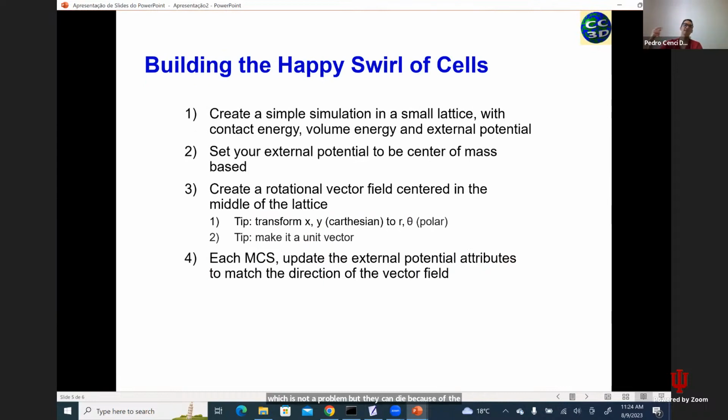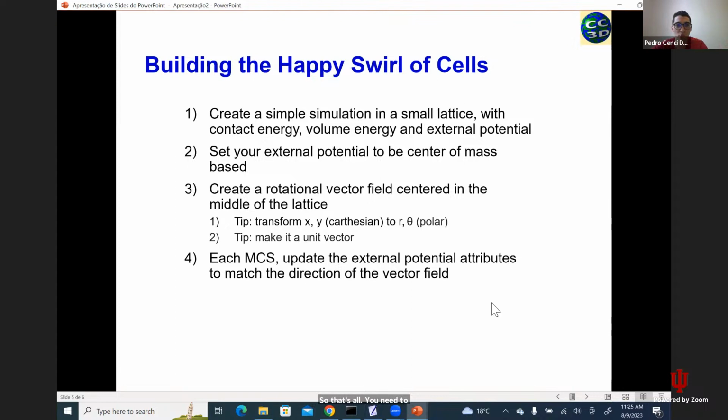And you have to update each Monte Carlo step. You have to loop over all cells in the simulation and update the external potential attributes, the lambda vector x and y, based on the direction of the vector field in the cell center of mass. So that's all you need to build this model.